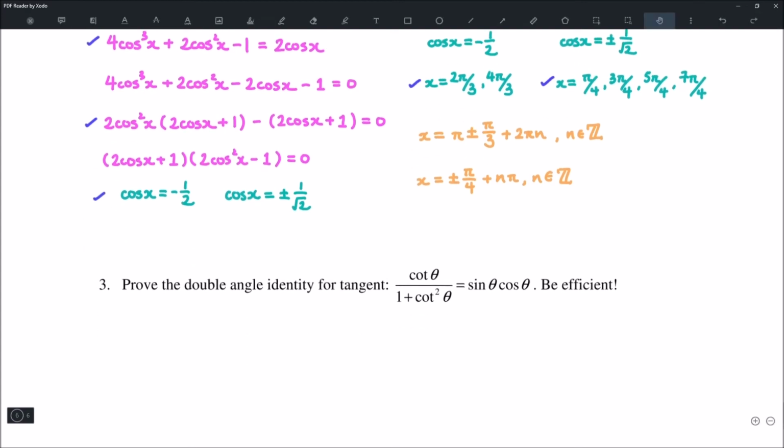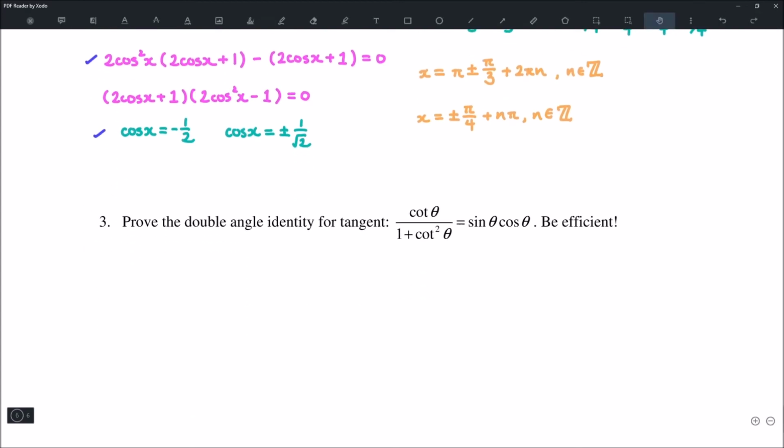Okay, one more question. So example number 3, double angle identity for, I guess this is cotangent. Alright, so I'm going to go ahead and rewrite the denominator on the left-hand side.